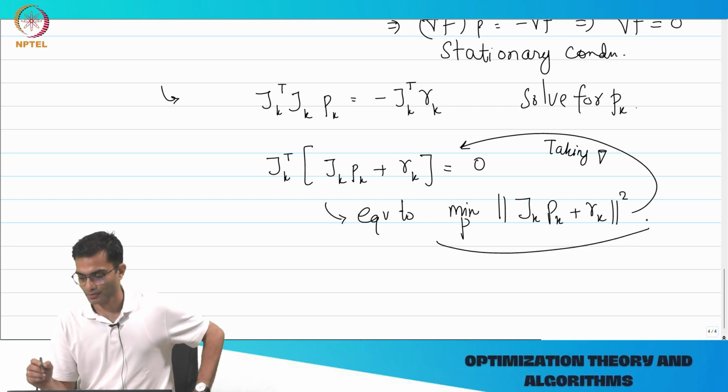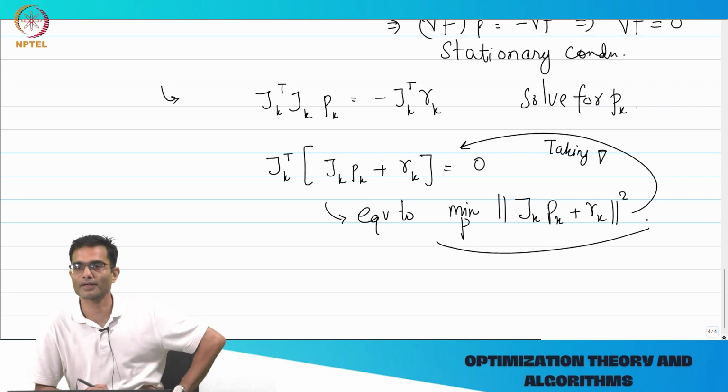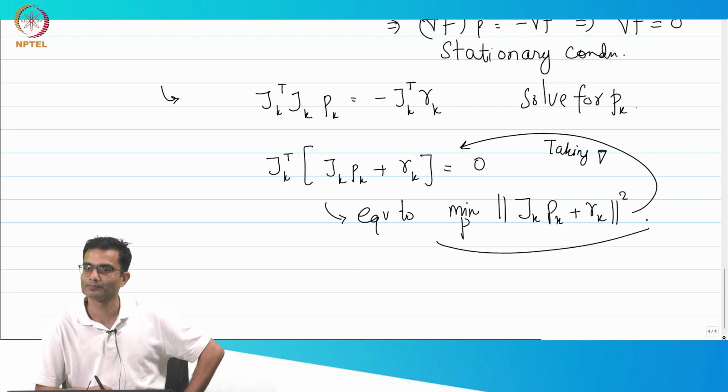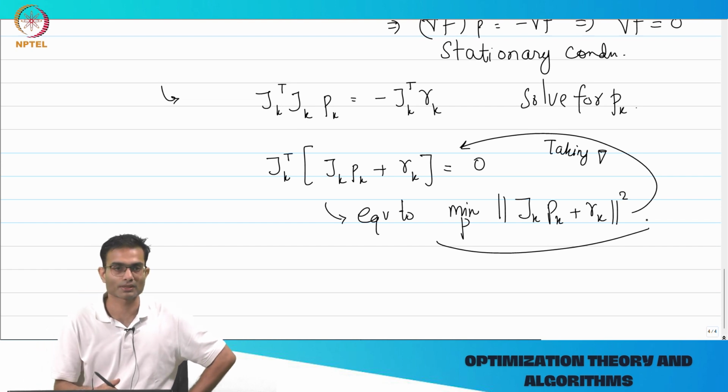And this expression here, if you scroll back in your notes, looks exactly like your linear least squares problem. In the linear least squares problem, your A was your J_k, and all of these terms are exactly like that.